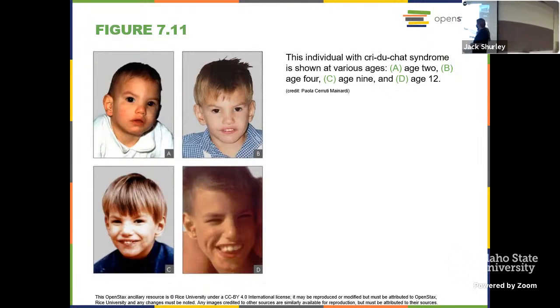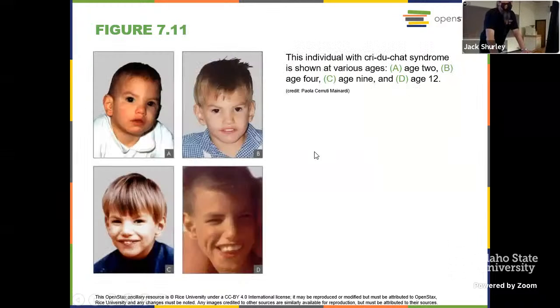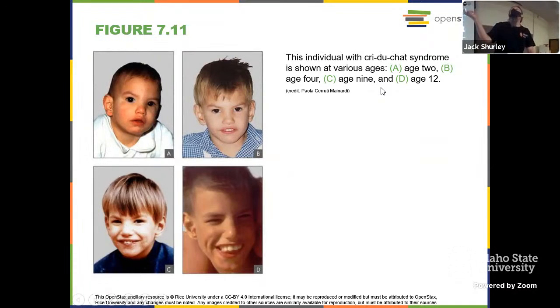So this is the same boy with Kreiderschott syndrome at various ages, and this is, I think it's a translocation, if I remember right. I don't think it's an extra chromosome. I think it's a jumping gene, if you will, chromosome going to the wrong place.